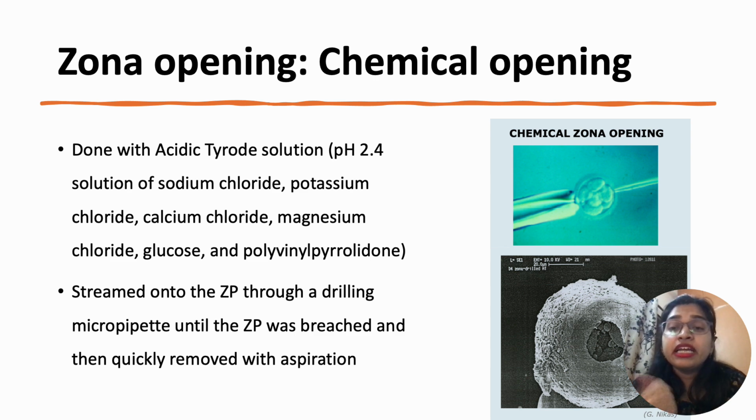What it does is it creates a larger hole. In this picture you can see it creates a larger round hole as compared to the partial zona dissection, and we have to do the embryo wash after acidic tyrode solution exposure. It is useful for early cleavage stage, but it is inappropriate for oocytes because it can damage oocytes.